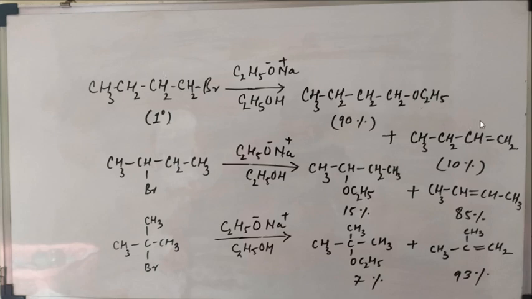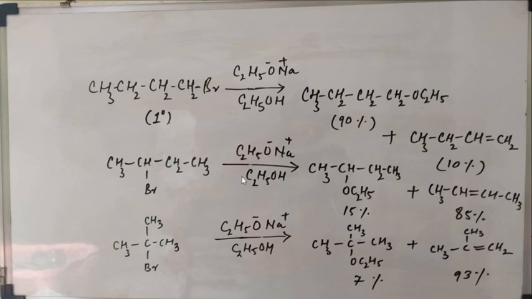10% of the elimination product. Since it is a primary, straight chain haloalkane, it is easier for the base to attack rather than undergo the elimination reaction, giving 90% of the substitution product and only 10% of the elimination product. In the case of secondary haloalkane, it is a branched haloalkane.